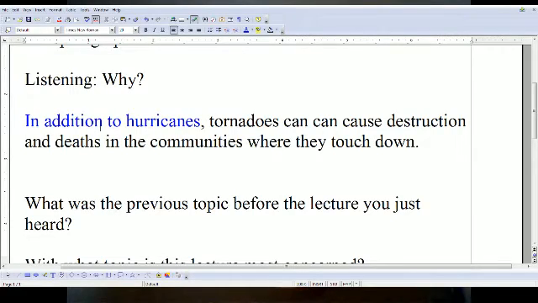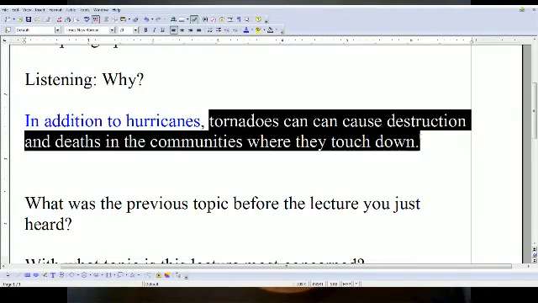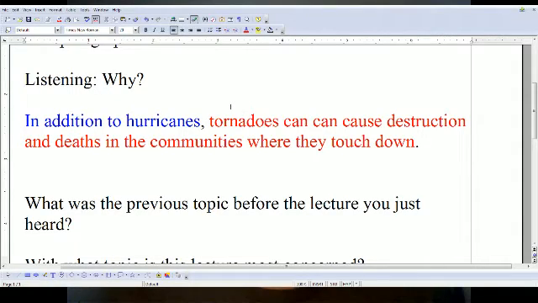Notice how it's stated in either a phrase or a dependent clause. And then we have the main idea here. Let's just make this red. You have to understand that main ideas are stated in the independent clause part of the sentence, and the support ideas are stated in the prepositional phrases or dependent clauses.